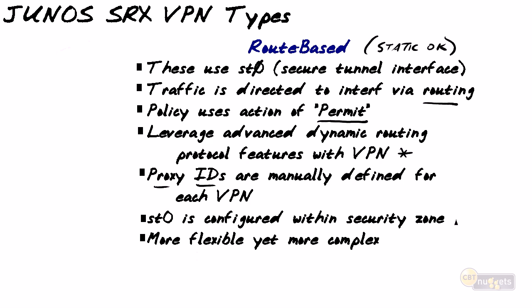So the interface, the ST0, is actually assigned to a security zone, just like you assign interfaces with our policy, for example. The route-based option is more flexible. However, it's definitely more complex to configure, and something you're going to look at in greater detail as you move forward in the Juniper security space.